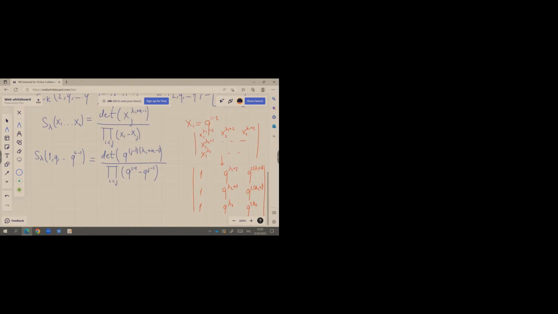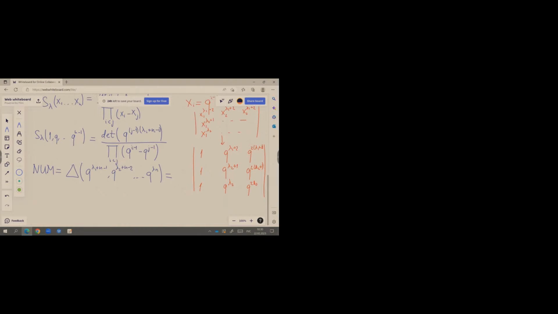So this numerator, let me put it like this. The numerator is Vandermonde delta in q to the power lambda 1 plus n minus 1, q to the power lambda 2 plus n minus 2, etc., q to the power lambda n. Right. And that's something we can compute.